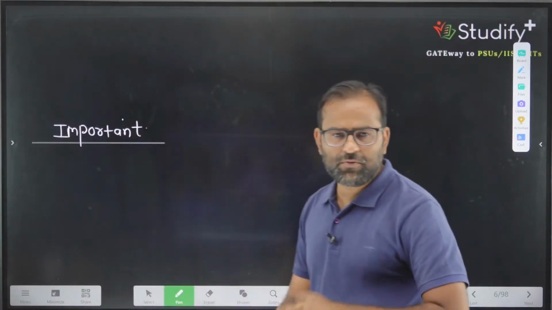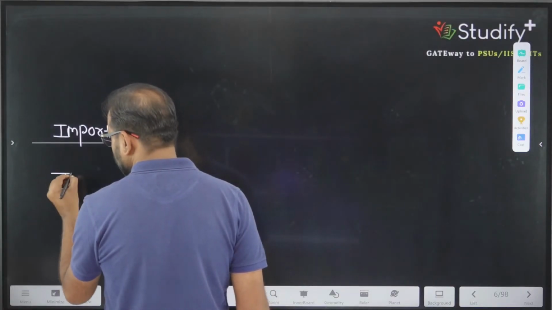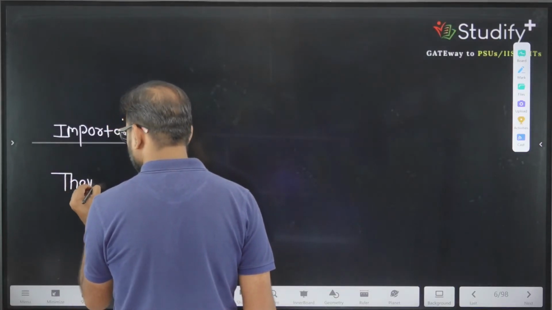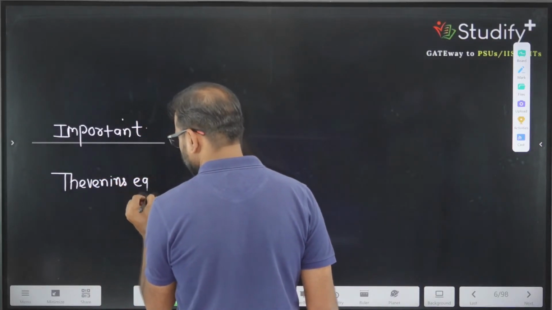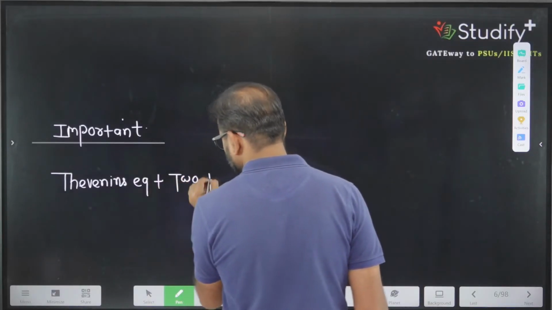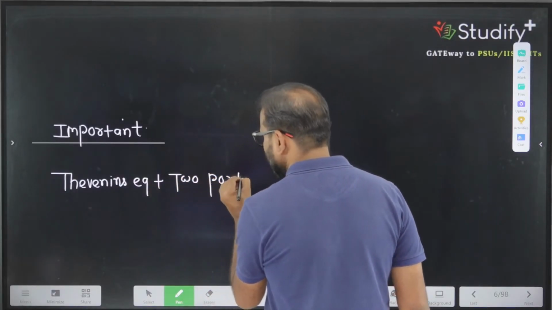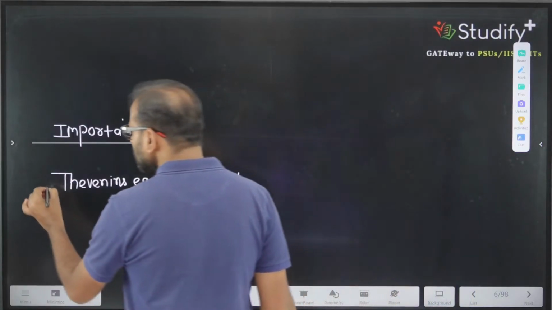Sometimes they ask question on Thevenin's equivalent plus two port. So you will get question on Thevenin's equivalent plus two port. This is a very important category.